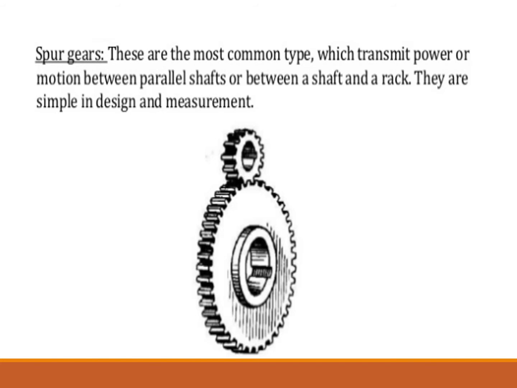Spur gears are used to transmit motion from one shaft to another shaft that is parallel to it. Spur gears are made in a great variety of sizes, from less than 25 mm to several centimeters in diameter. Spur gears are made of steel, brass, other metals and plastics.